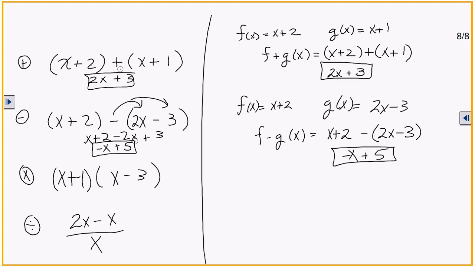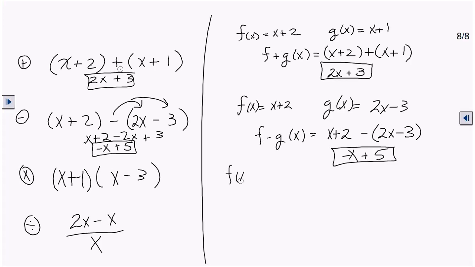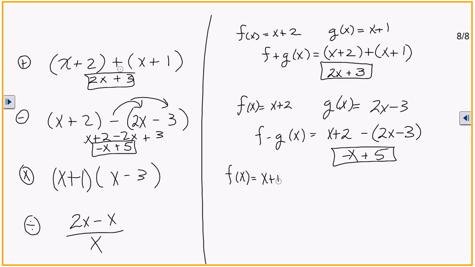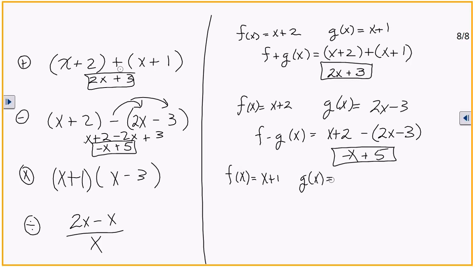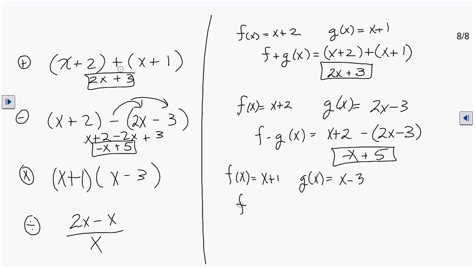So let's do multiplication. F of x is equal to x plus 1. G of x is equal to x minus 3. And f times g of x is equal to x plus 1 times x minus 3.